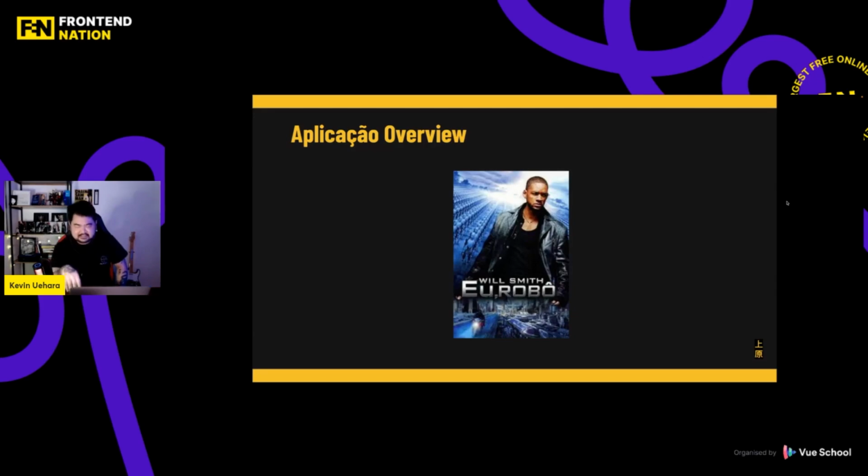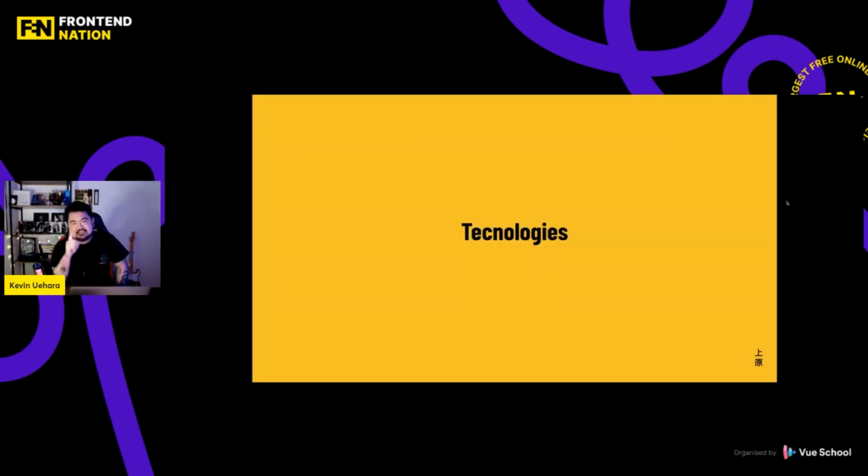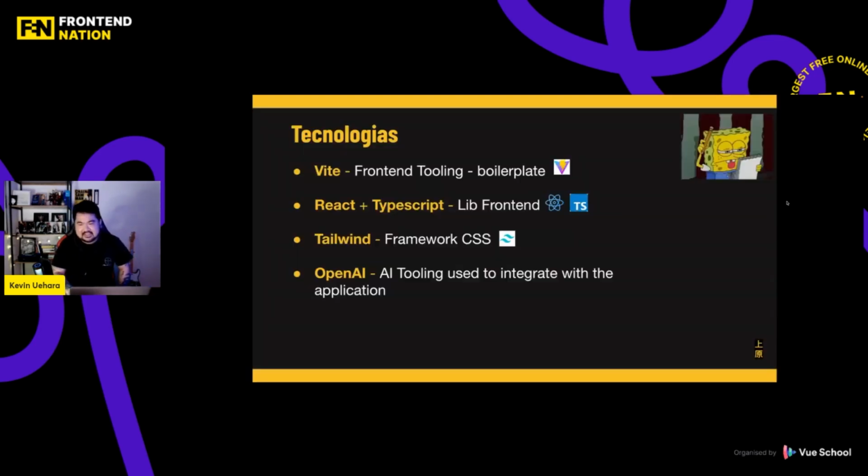Sorry, but the technologies. I'm very bad. Sorry for my jokes. The technologies: I'm going to use Vite, the front-end tooling, the boilerplate. So I will use Vite with React and TypeScript. Okay.